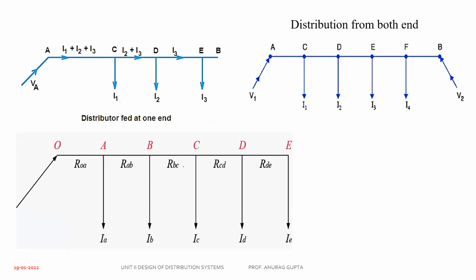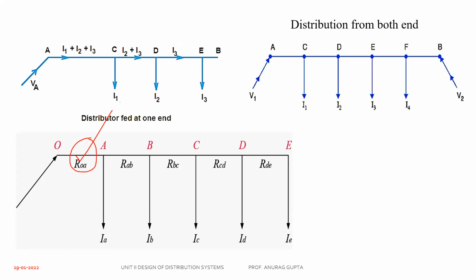Clear. So how can you solve the problem? Number one, we have to find the resistance of each section. Number two, we find the current of each section. Number three, we find the voltage drop of each section, that is the multiplication of one and two.